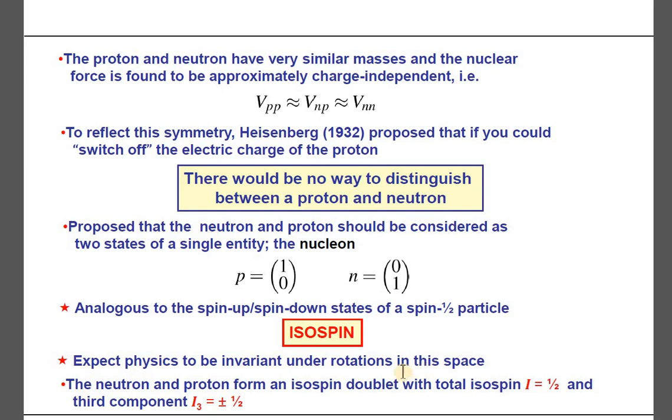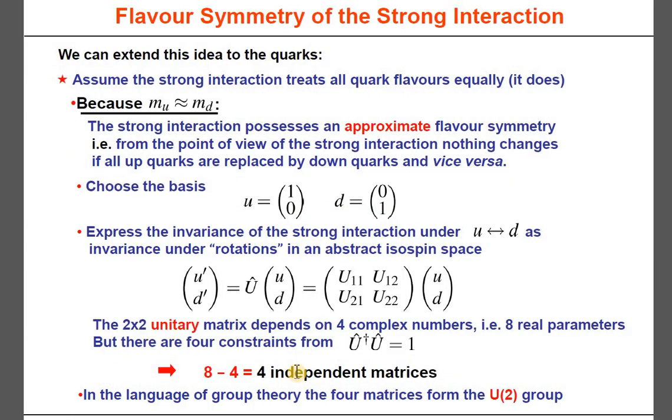And as I have already mentioned, the neutron and proton form the isospin doublet with total isospin I equal to plus half and the third component I3 equal to plus or minus half. Now, as I have already mentioned to you in my previous class also, proton has composition UUD, neutron has UDD. So basically the isospin invariance is there because of the flavor symmetry.